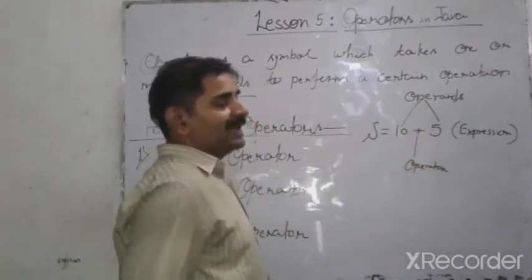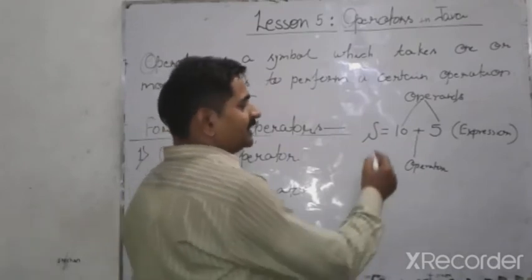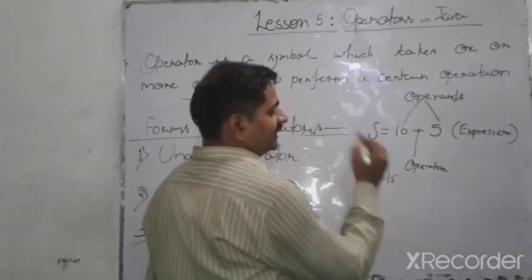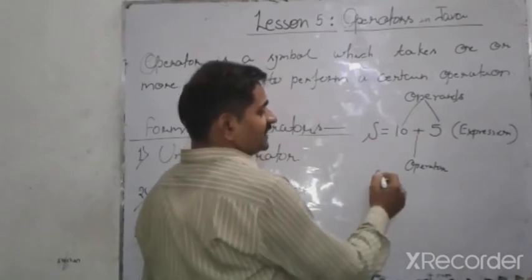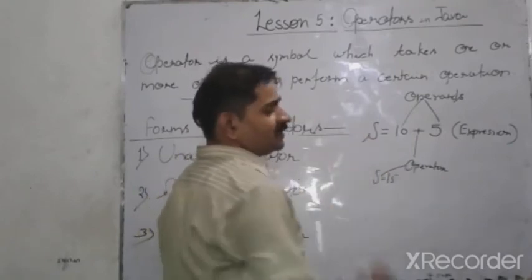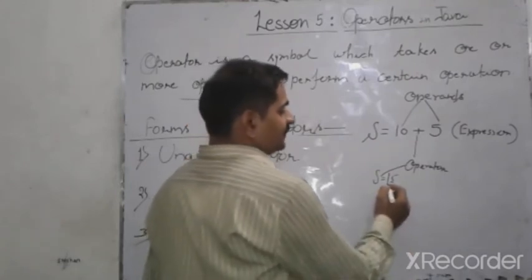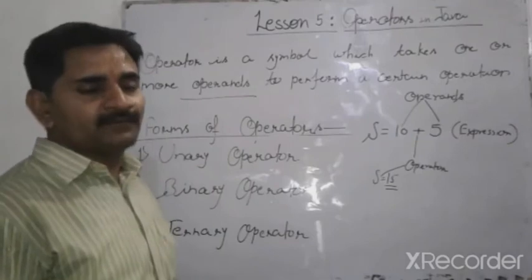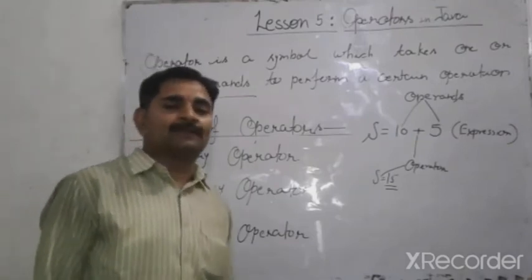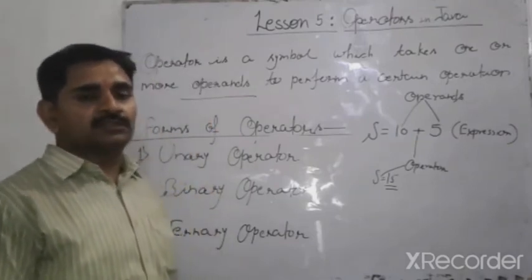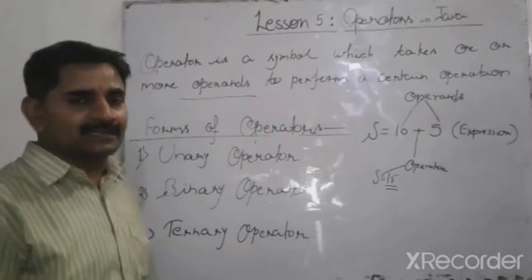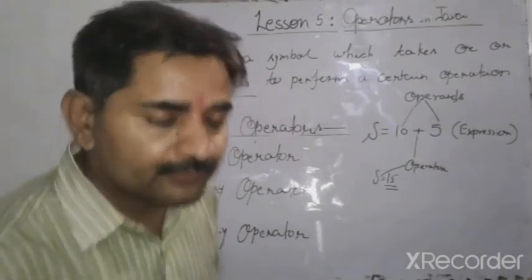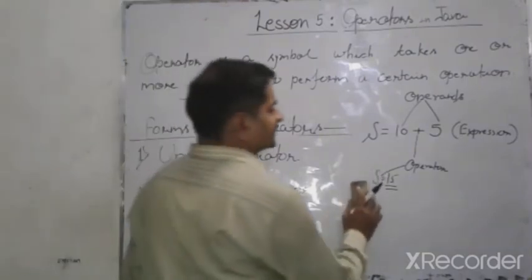After the execution of this statement we have s equal to 15. Here you can see equal is also an operator and 15 is an operand. So in simple words we can say operands are the values, operands are the literals.